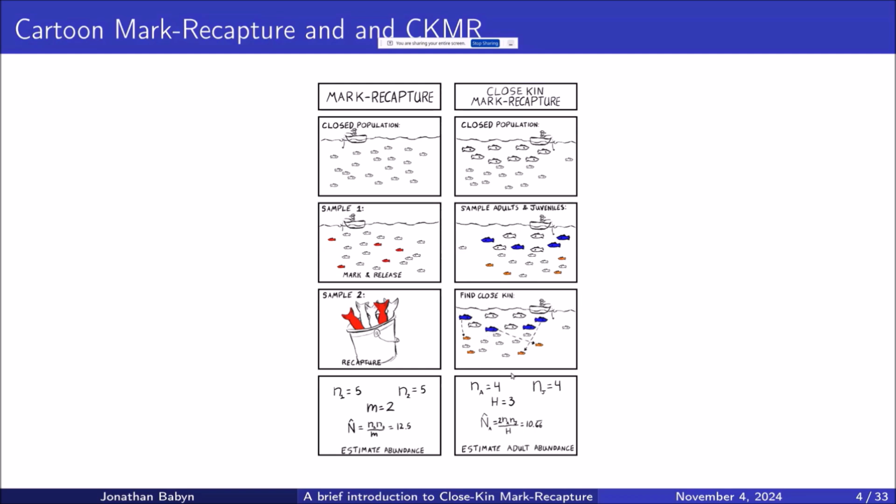Then, similar to Mark-Recapture, we can use some sort of statistical method to estimate the abundance in the population, in this case the adult abundance, because of the way CKMR works. It's the sample size of adults times the sample size of juveniles, divided by the number of close kin, or the marks that we found. Then we multiply by 2 here, specifically because everybody has 2 parents. That's the idea there.